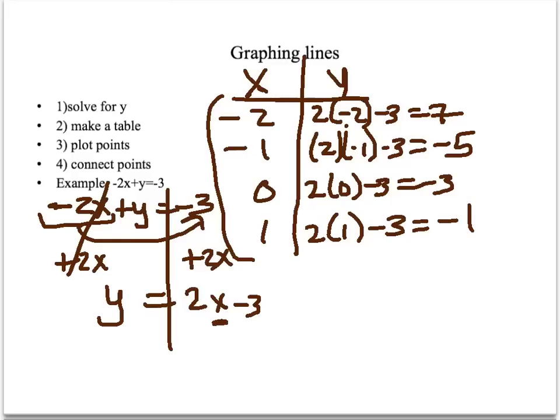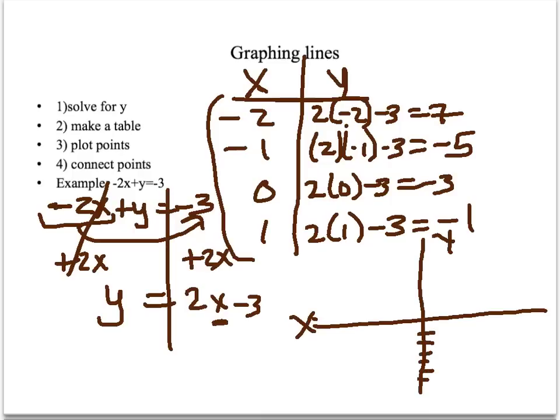Okay, so if I plotted this on my handy hand-drawn XY coordinate system, let's see, 1, 2, 3, 4, 5, 6, 7, that just barely reaches. And I'm going to have 1, 2, 3, 4. 1, 2, 3, 4.